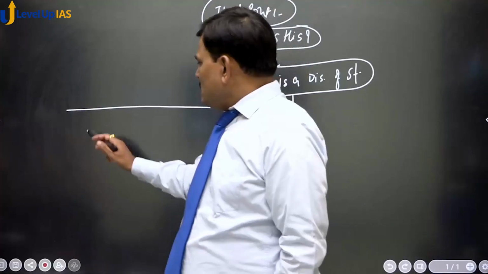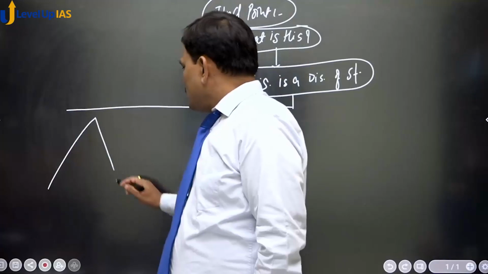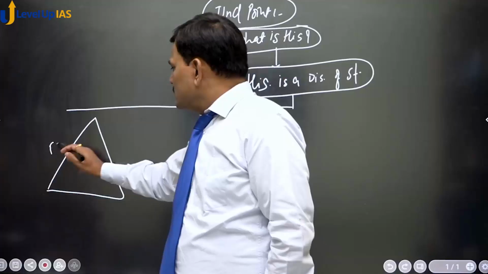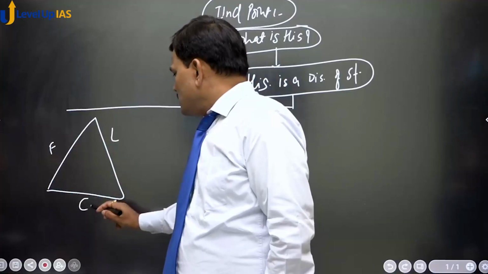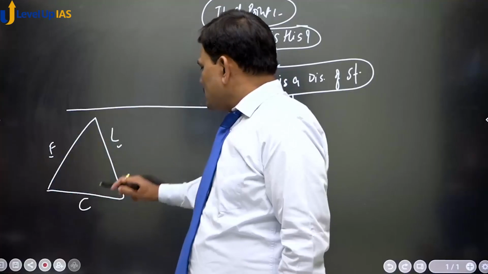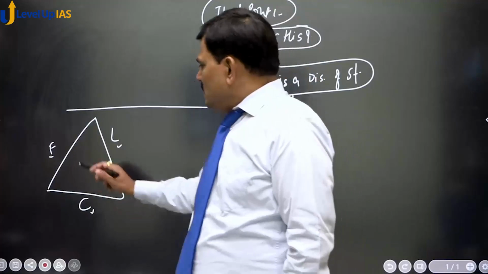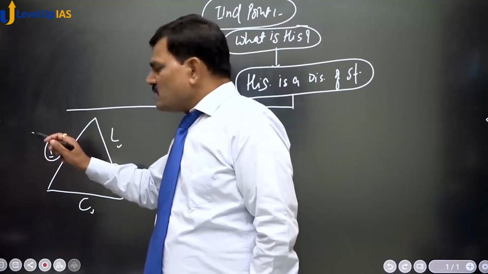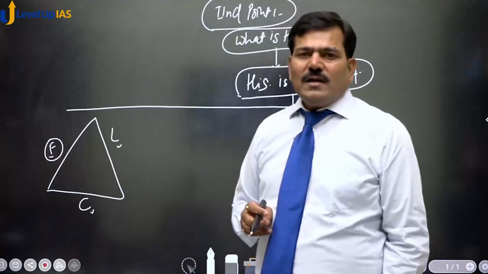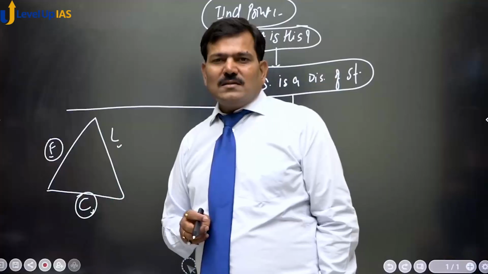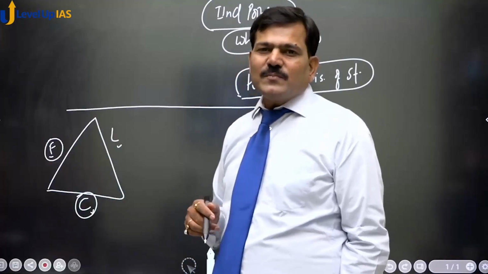You have to read history according to this discipline. FLC: fact, logic and conclusion. If you have not given a fact behind your conclusion, this is not history, this is hypothesis.